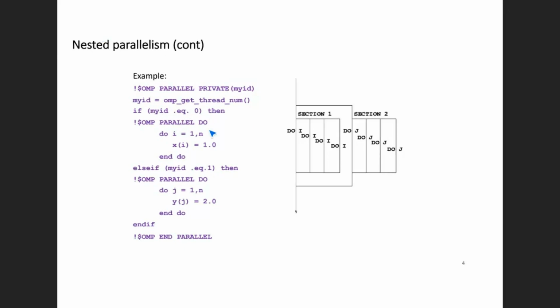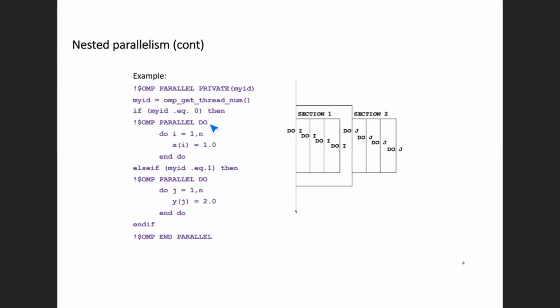Let's get my pointer here. So this is a parallel region, and in principle this can also create new threads. So thread 0 in the outer parallel region can create a team of threads to execute the I loop. And at the same time, thread 1 in the outer parallel region can also create another team of threads to execute the J loop in parallel. So you can get a structure like this.